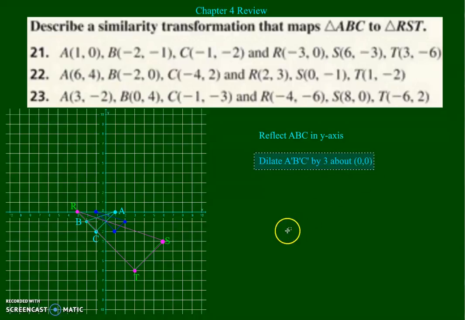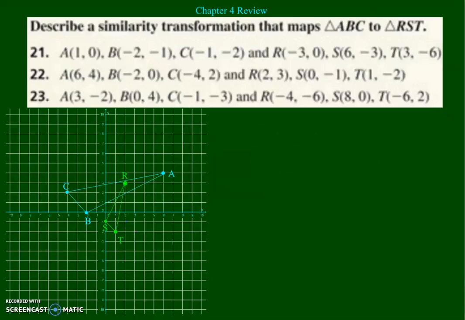And now on to 22. For problem 22, we have something similar going on here. It looks like we have a dilation in effect. So I checked ST versus CB, because ST and CB coincide with these two figures. And in fact, ST is 1/2 CB.